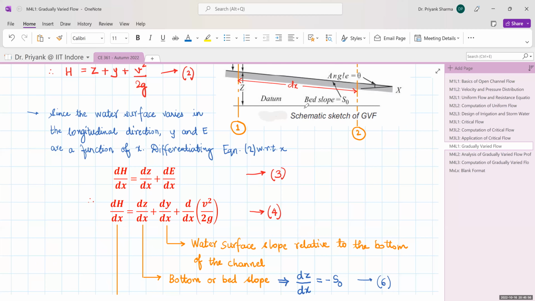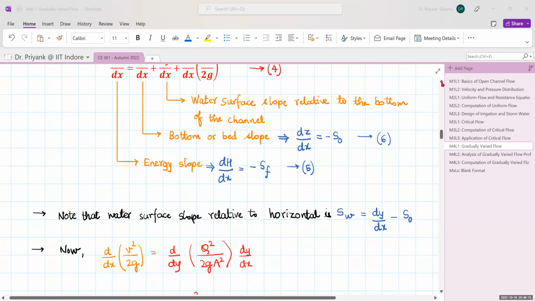We get dH by dx is equal to dz by dx plus dE by dx. This becomes dy by dx plus d by dx of v square by 2g. So it has three components. Let us understand what these three components are.